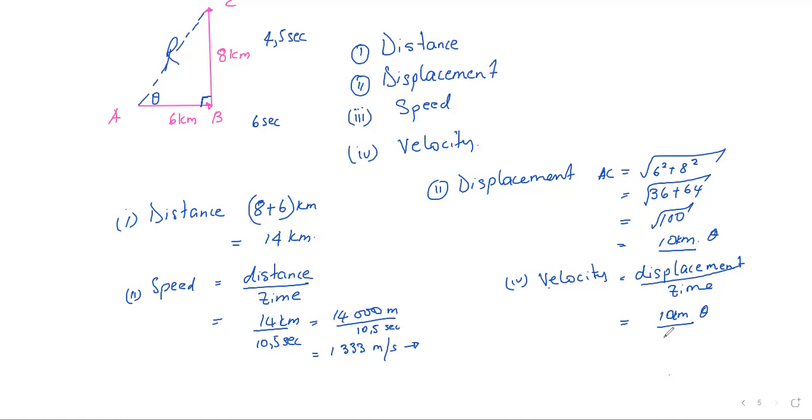Divide by seconds. That is 10,000 meters, divided by 10.5. This is 952.38 meters per second. There you are.